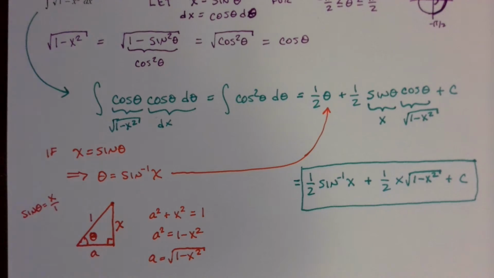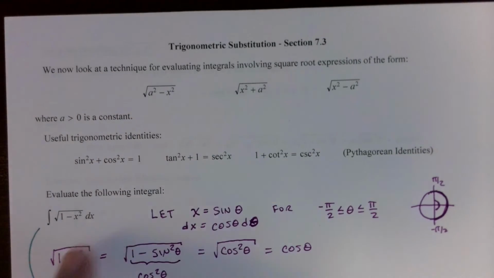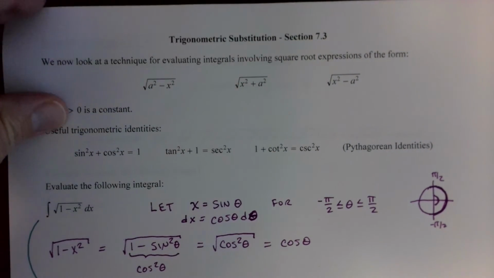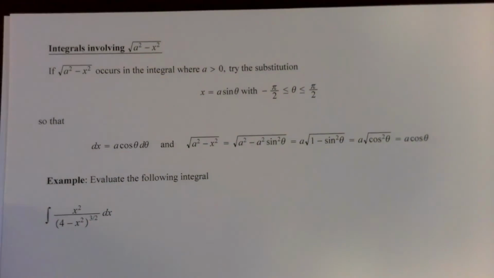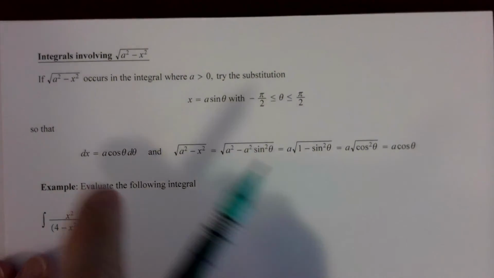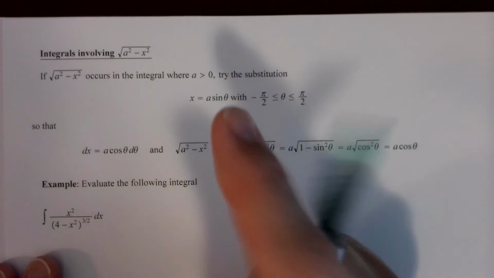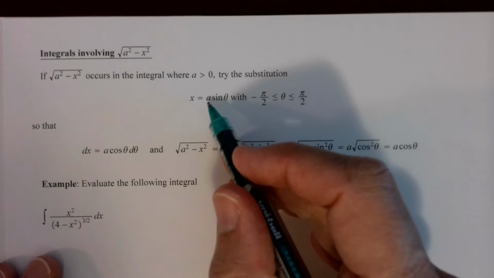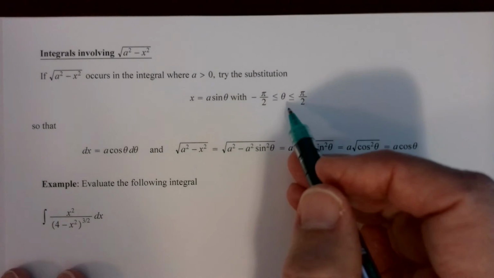Okay, so in general then, how do we deal with integrals involving the form a squared minus x squared? This is the first form we're looking at. Here again, a is 1. Here is the general technique. If that occurs, we're going to try x equals a sine theta. Now, in the previous case, a was just 1, so we used x equals sine theta, with theta again in this interval.